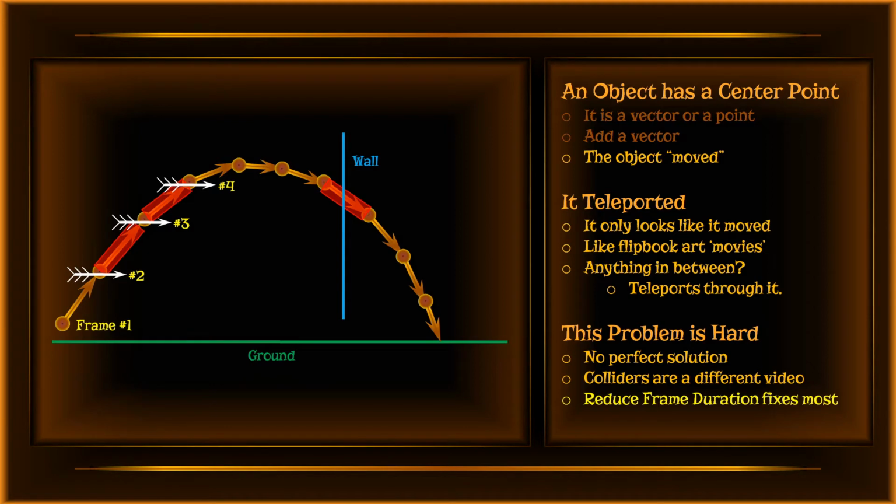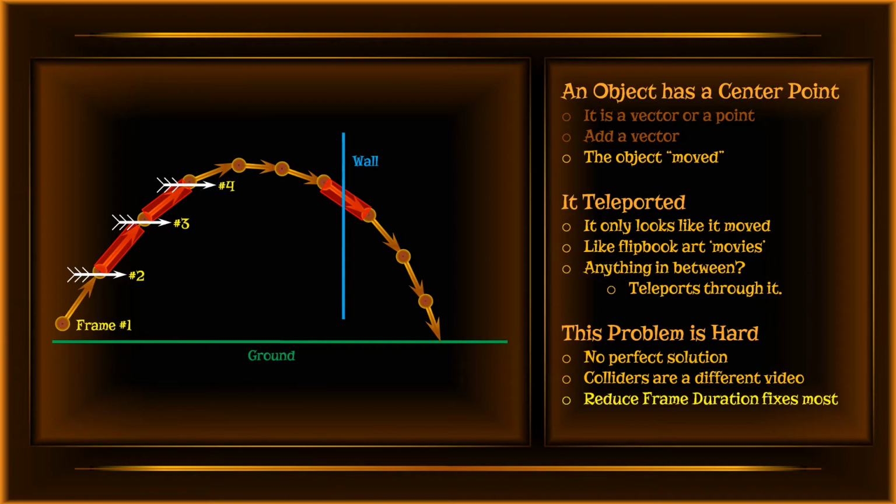The result is that there's no object that can collide between the two center points. If I have a wall, the arrow will go through the wall if the vector doesn't end inside of the wall or some kind of contact with it. It just teleports through it and continues flying until it hits the ground at the other end. And this is a really difficult problem to solve.